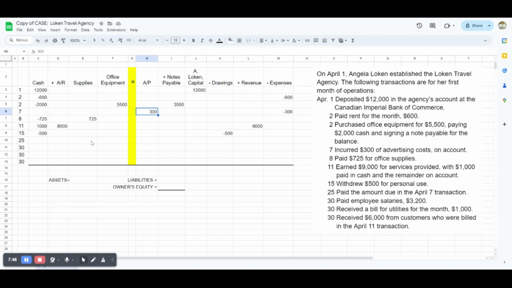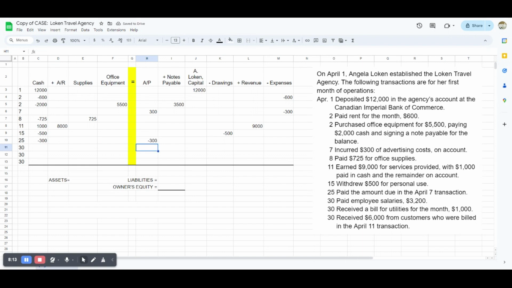So whenever you're paying something, the cash is going to go down. So in this case, it's 300. And what other account is going to be affected? Well, you're not owing $300 anymore because you just paid it. So accounts payable is going to go down by 300.